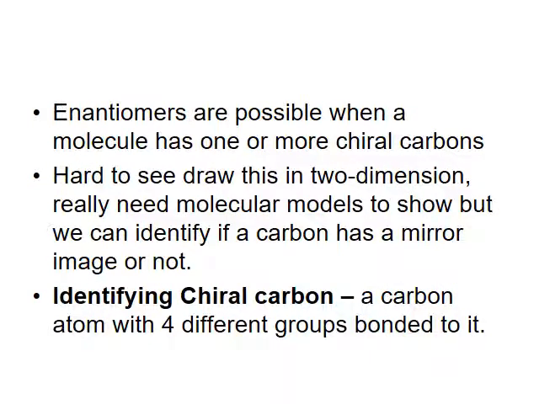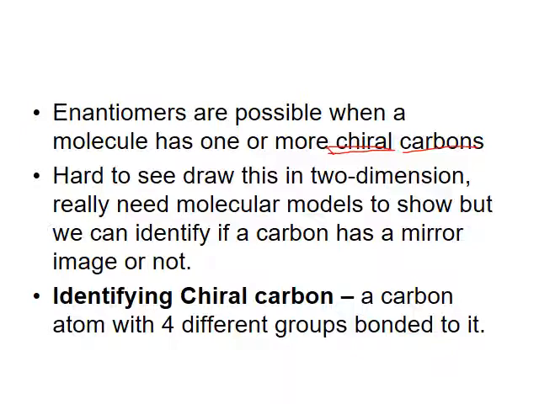So enantiomers, or molecules that have mirror images, have them because of this thing called a chiral carbon. What we have to do is look at a bonding structure and see if it has a chiral carbon. If it has a chiral carbon, it has a mirror image. If it doesn't, then no mirror image.